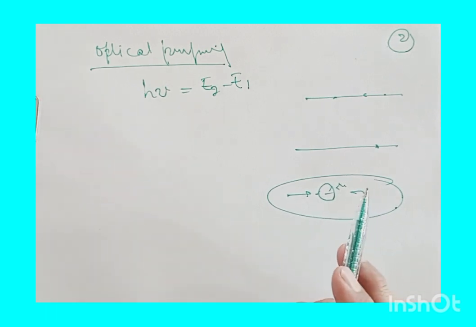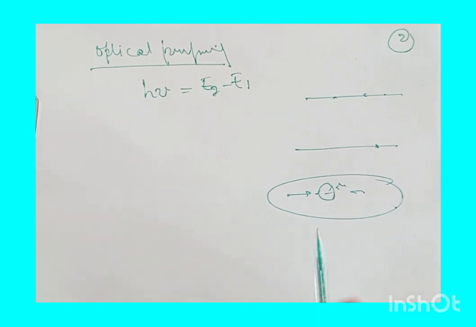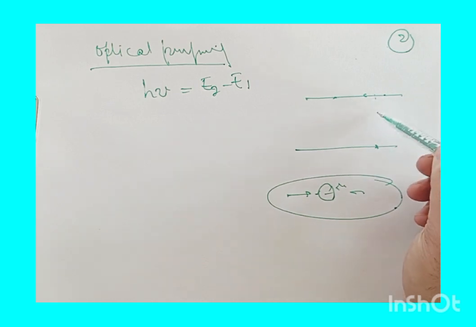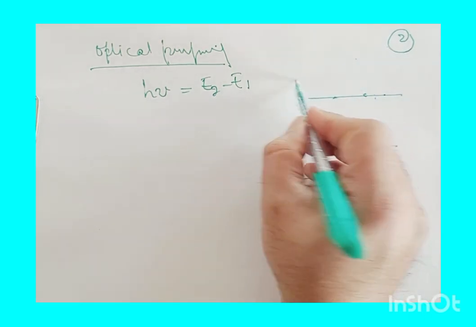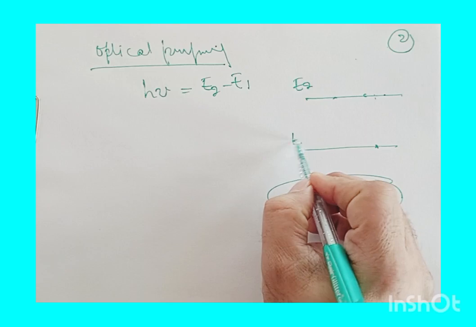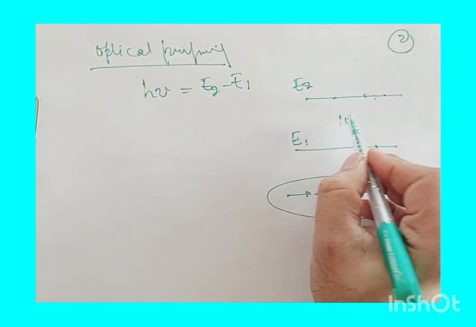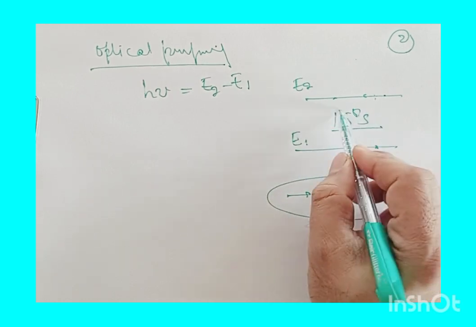Now, these methods of pumping do not produce the desired population inversion in the case of a two-level energy scheme. This is because the atoms in the higher energy state, E2, jump to the ground state, E1, in 10 to the power of minus 8 seconds.